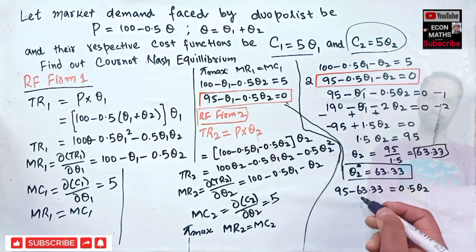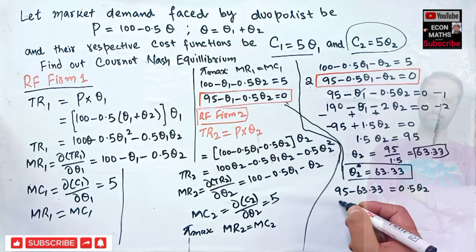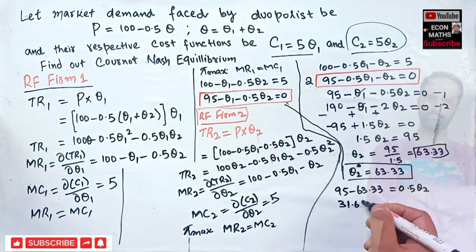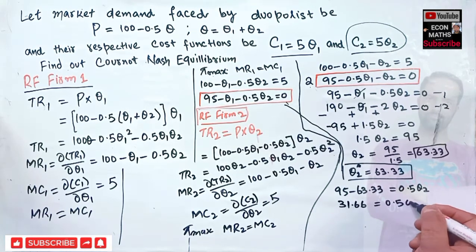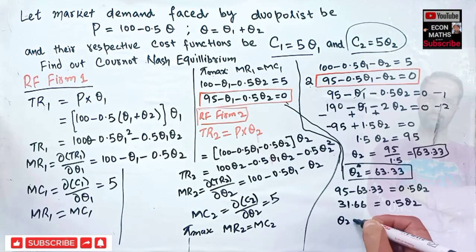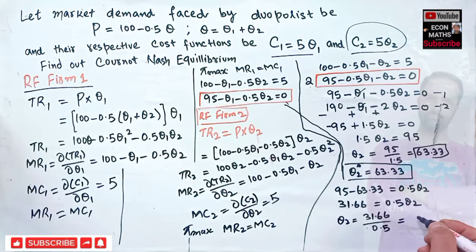Now if we subtract this stuff here, we will get 63.33 is equal to q1, which comes out to be 63.33 because we have the same cost conditions.